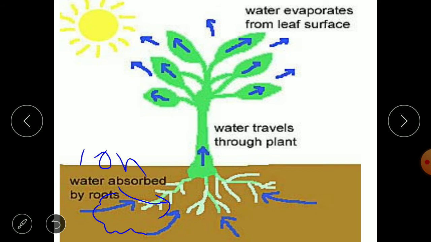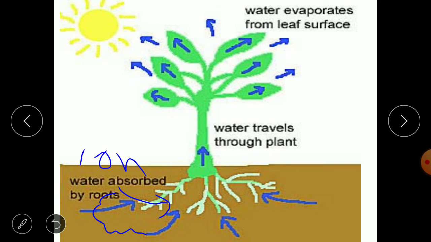In active transport, energy in the form of ATP is used, and by using energy the salt or the particles move across the cell membrane.